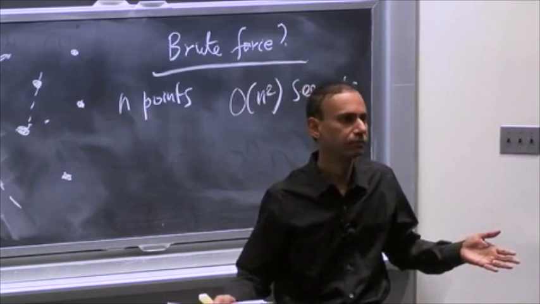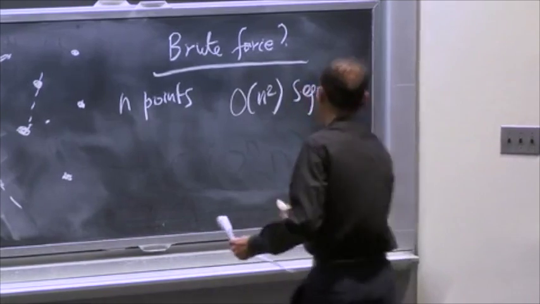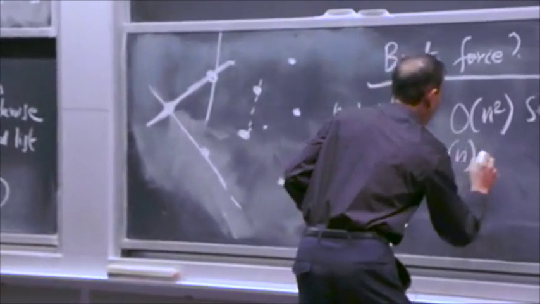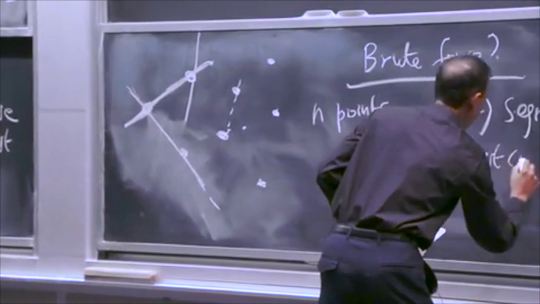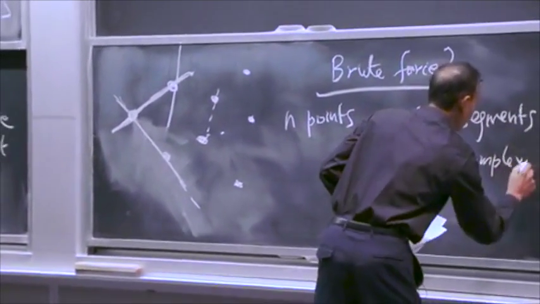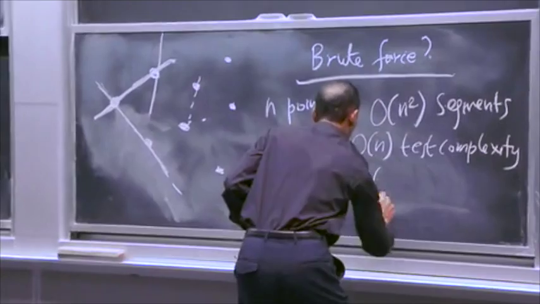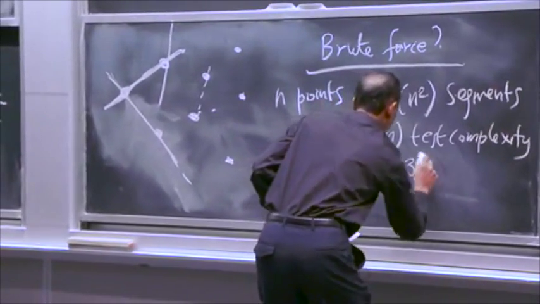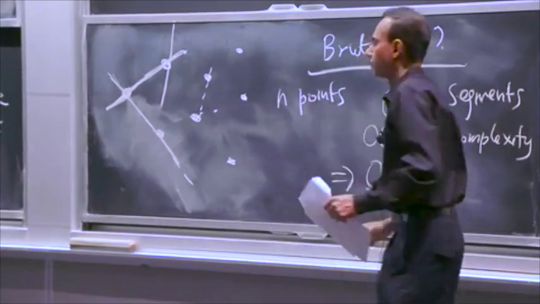What is the complexity? O(n). Exactly right. So O(n) test complexity. And so we got overall theta n cubed complexity.